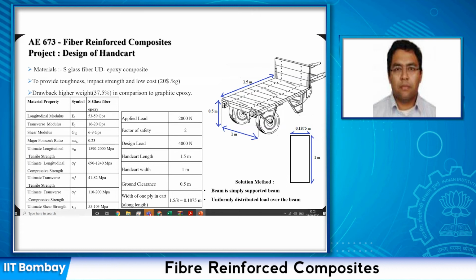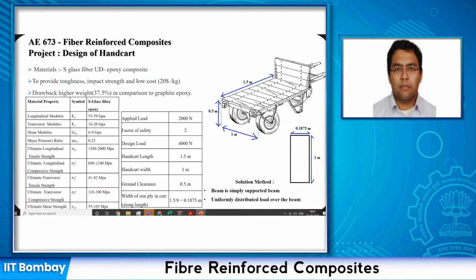You can see I have used the material S glass fiber, that is unidirectional epoxy composite. Why have I used it? Because it provides high toughness and impact strength, and it has low cost. Generally, it has a higher tensile strength and higher compressive strength in comparison to the E glass, and in comparison to carbon fiber, the major drawback is it has only 37.5% higher weight than the CFRP.